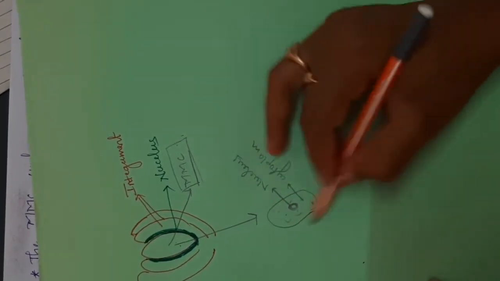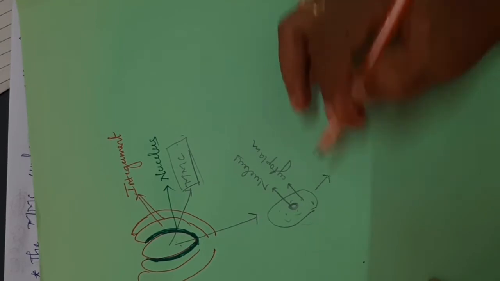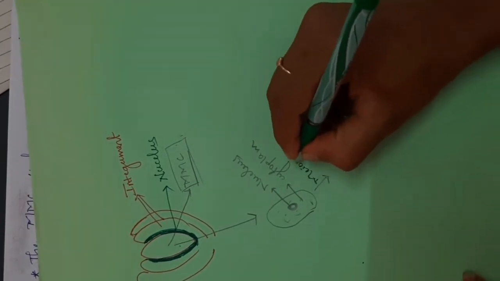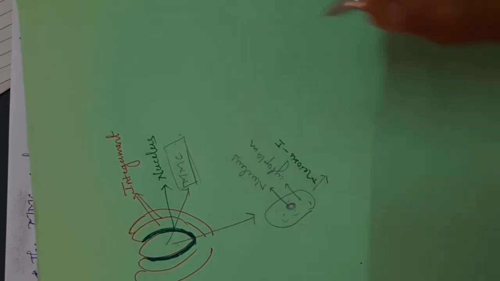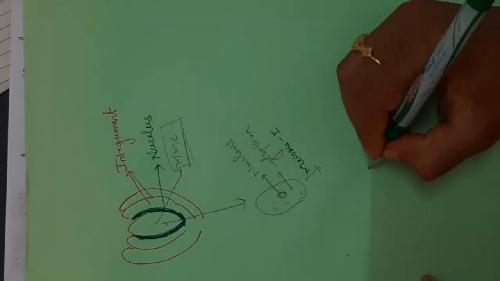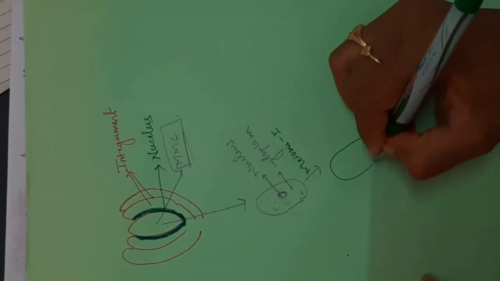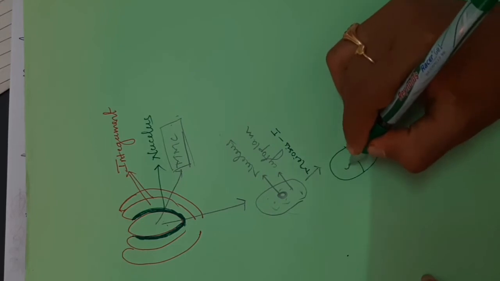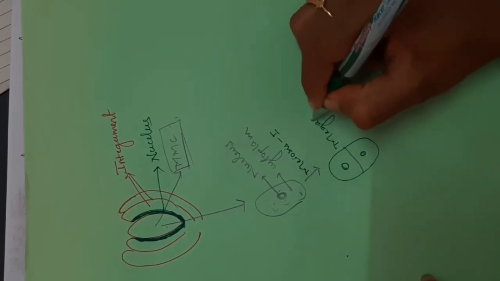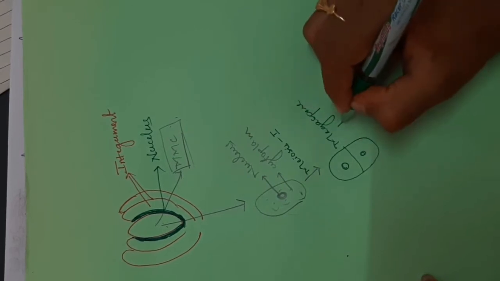That cell undergoes meiotic division, meiosis first. After meiosis first, the nucleus divides to form a megaspore dyad.